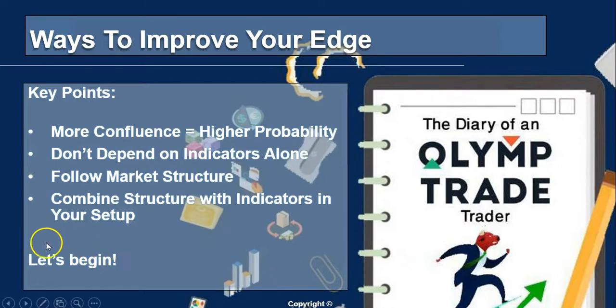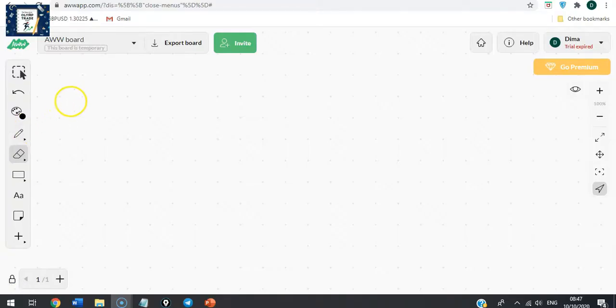So let's go over the concept of market structure when you place a trade. What is the structure?